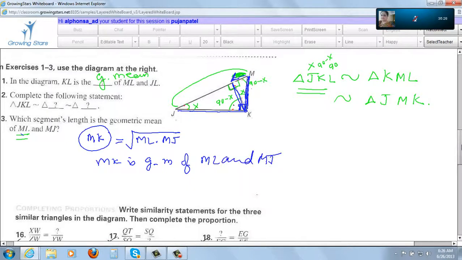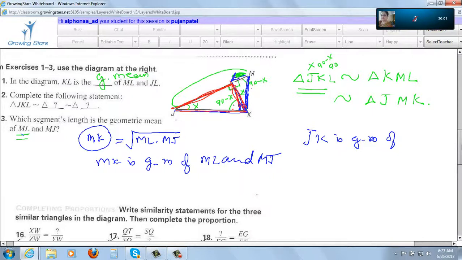What will be the JK? JK is the geometric mean of, see which is the segment close to that. KL is the altitude. KL is one of the altitudes, so you leave that out. JK is adjacent to JL, isn't it?